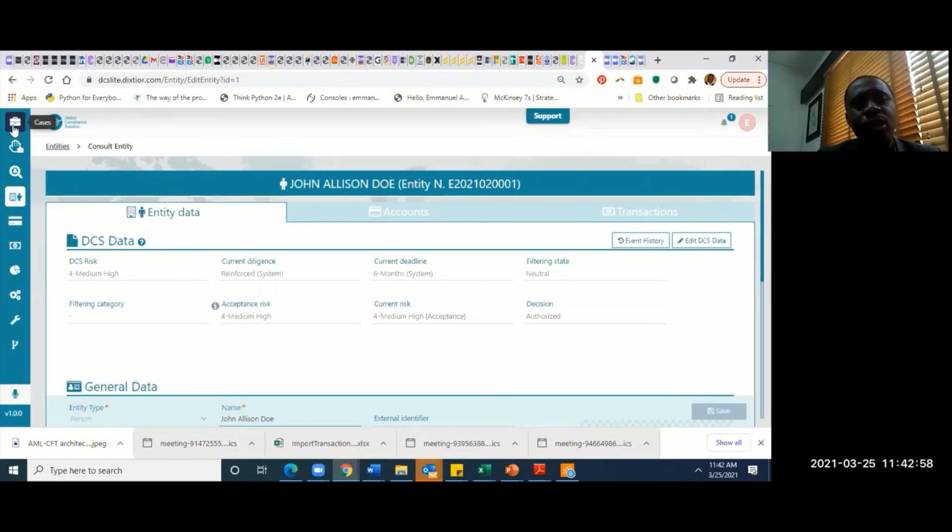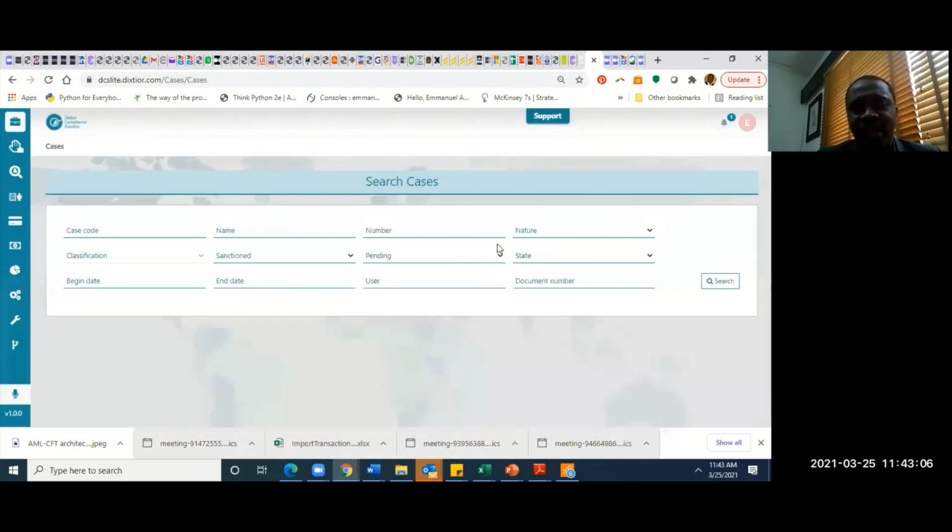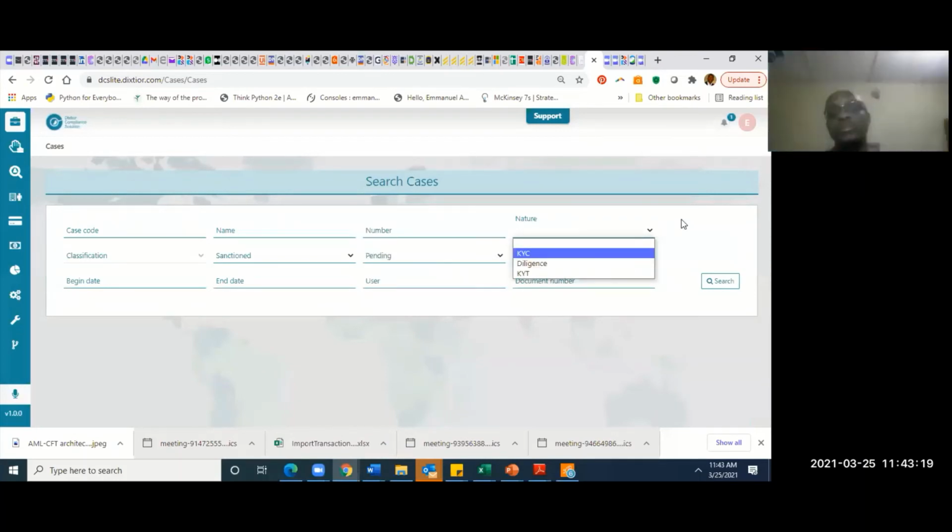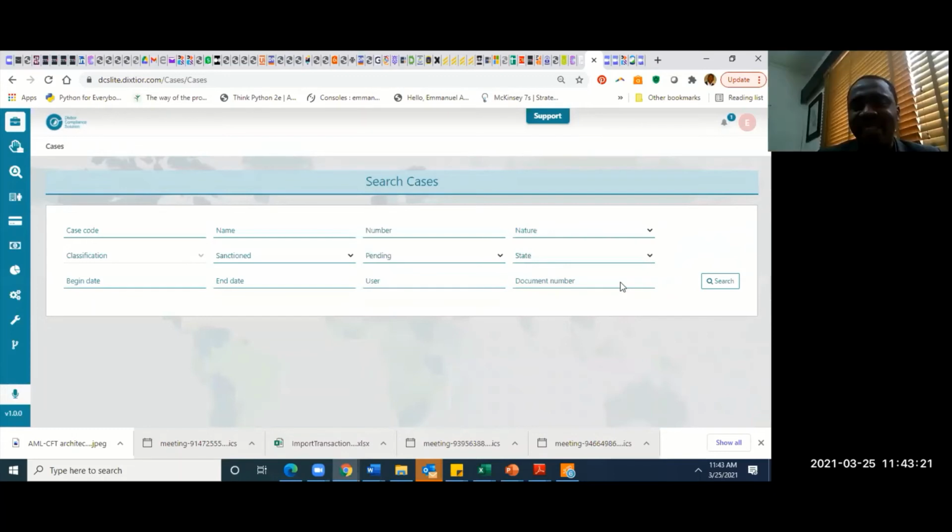The application allows you to look at your cases. When you log into the application, you can look at the cases that already exist. I can search for cases depending on various parameters. In this case, I'm going to look for a case that is currently being analyzed.